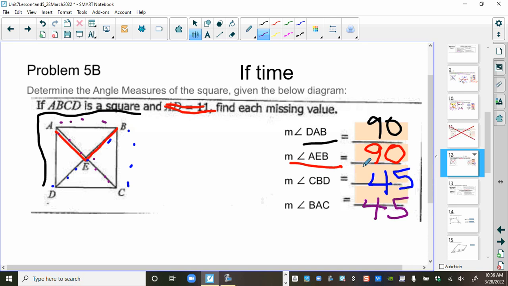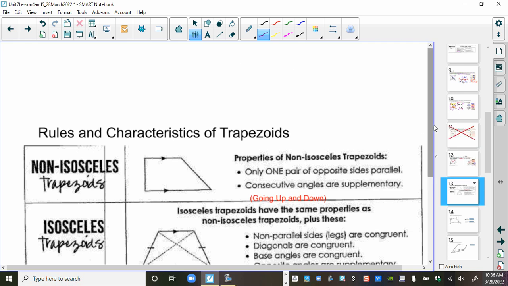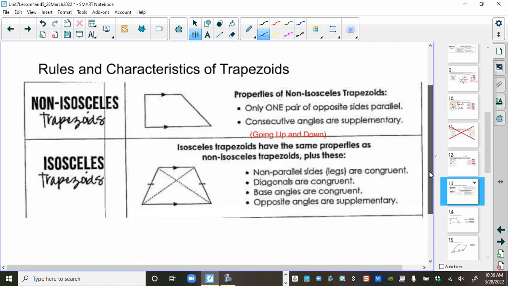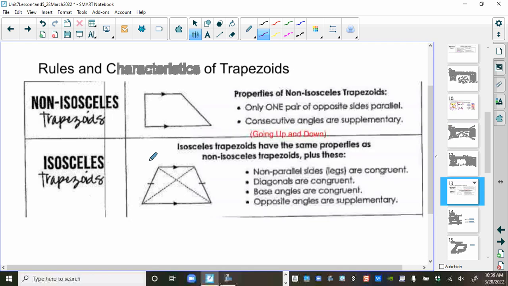Now, next thing we're going to talk about are the trapezoids. Now, with trapezoids, consecutive angles, depending on what type of trapezoid you have. Now, the consecutive angles are supplementary, but that's mainly if you're going up and down.